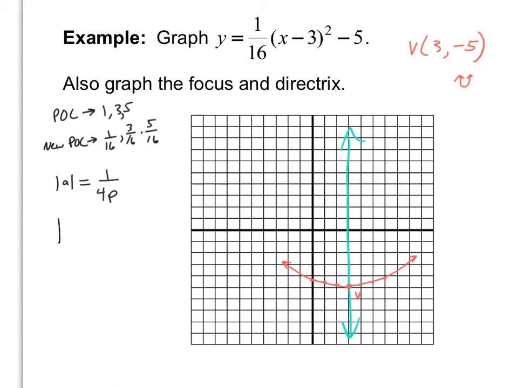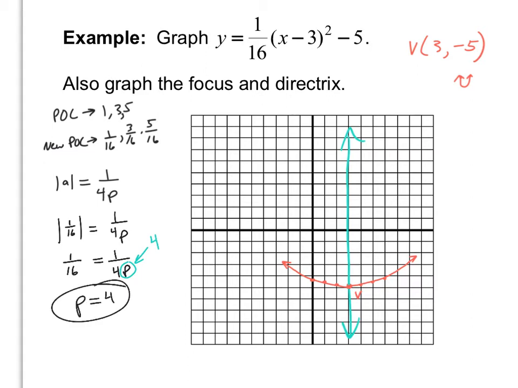So I have the absolute value of 1 over 16 equals 1 over 4P. Well, the absolute value of 1 over 16 is just 1 over 16. I get 1 over 4P, and for this one, I can just look at it and tell that this number here has got to be 4 in order for that to be true. So I have P equals 4.